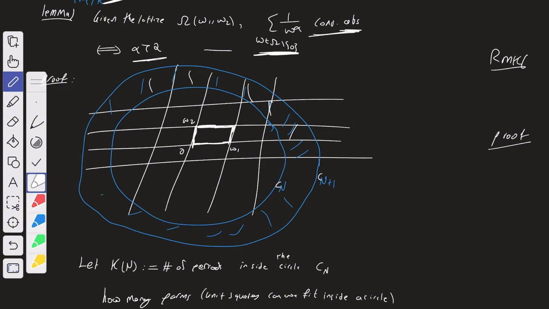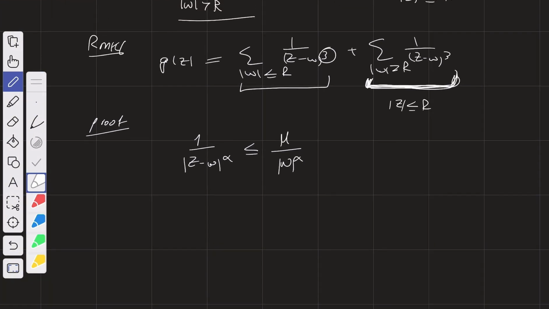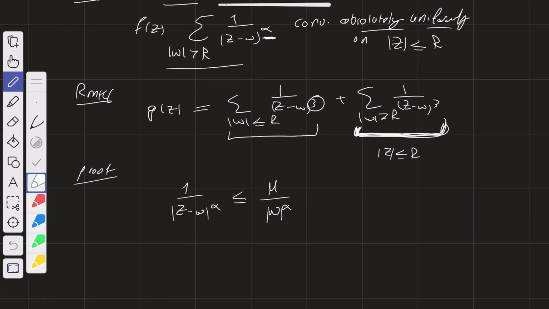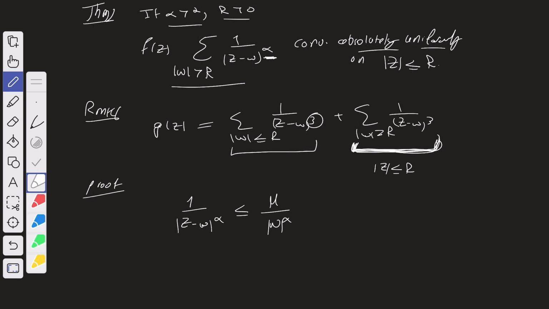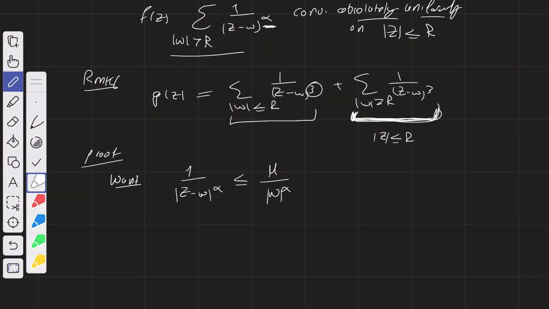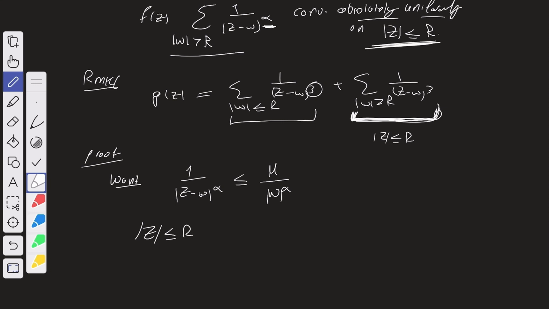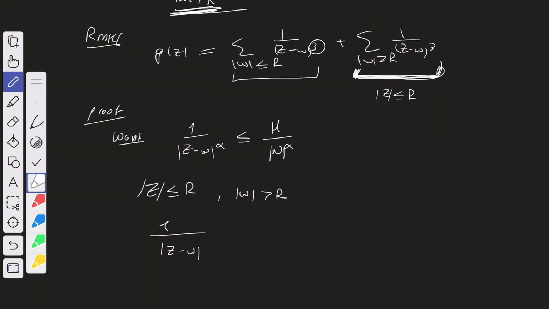We have absolute convergence, and the sum would converge absolutely uniformly by the Weierstrass M test. So this is what we want, and to achieve this, we assume that |z| is less than or equal to r, because we're trying to prove absolute convergence on the disk. And we assume |omega| is strictly bigger than r, because this is the sum that we're interested in. And we study this term. So let's look at this inequality. This is what we hope for.